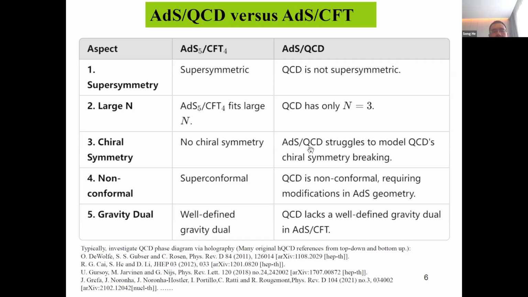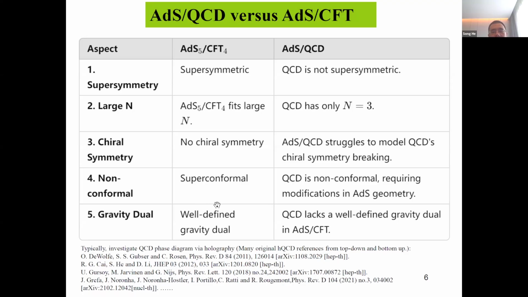And also there is no conformal symmetry. N=4 is a maximal superconformal field theory, but QCD is non-conformal, and as we know, the gauge coupling satisfies the so-called asymptotic freedom property. For AdS5, there is a standard, well-established gravitational dual theory.